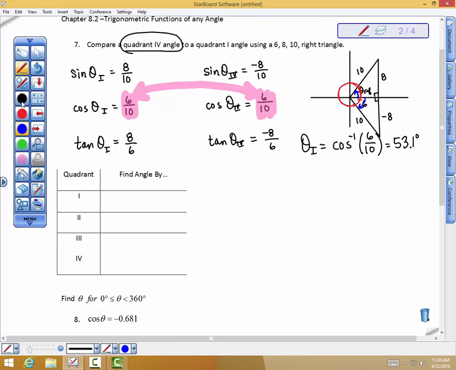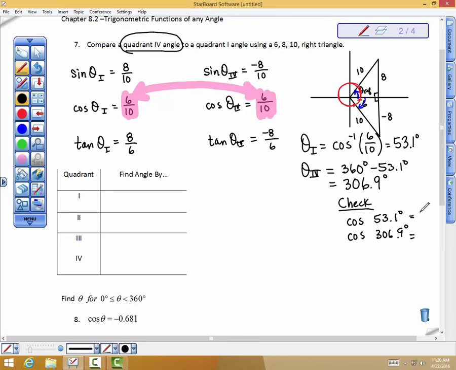So in that fourth quadrant, in order to find that angle, I've got to take 360 degrees and subtract the 53.1 to find the other angle whose ratio for cosine would be 6/10, by using that reference angle. So again, your check would be to take the cosine of your 53.1 degrees, take the cosine of 306.9 degrees, and see if they both turn out to be 6 over 10, or approximately 0.6 on your calculator when you type those in.